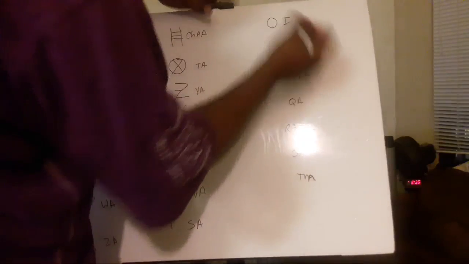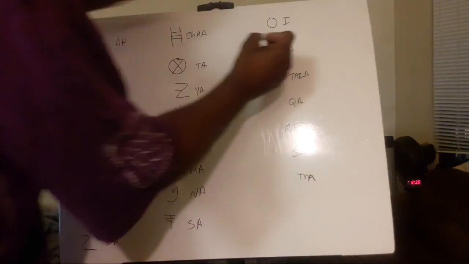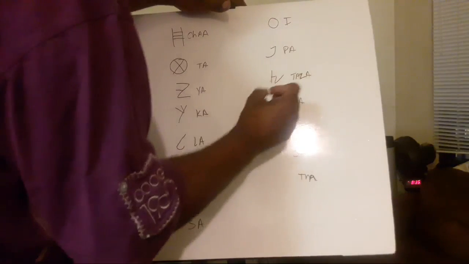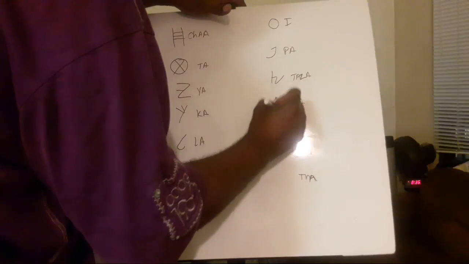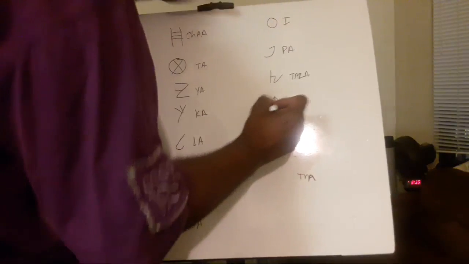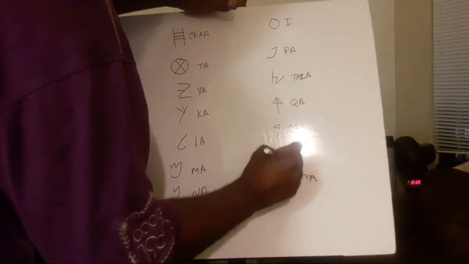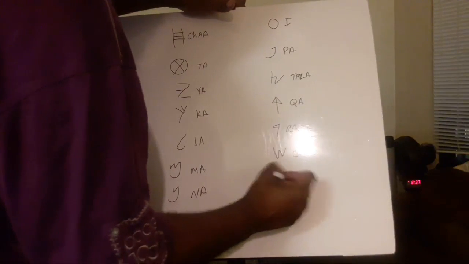I is just a circle. Pa, taza, kwa, ra, sha is like a W, and tha is like an X.